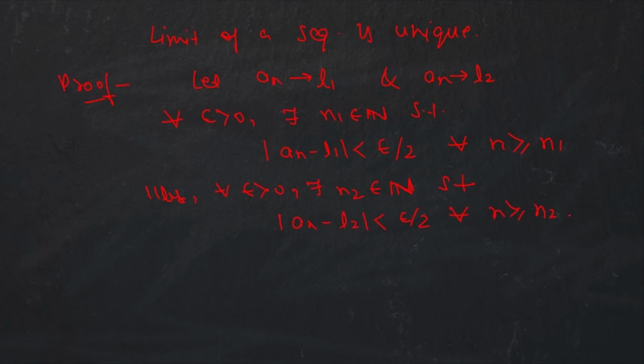Okay, so let my n0 be the maximum of n1 and n2. Therefore, for every epsilon greater than 0, |a_n - L1| will be less than epsilon/2 and |a_n - L2| will also be less than epsilon/2 for all n greater than or equal to n0, right?